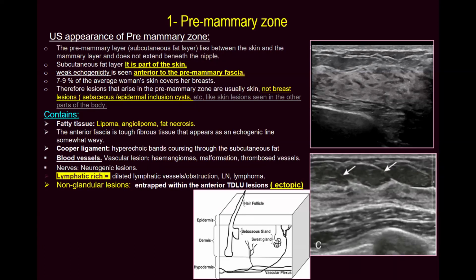It is a predominantly fatty layer, containing the superficial layer of the superficial fascia and the Cooper ligaments. It contains vessels, lymphatics, and the skin, and it is just anterior to the anterior mammary fascia and posterior to the skin.